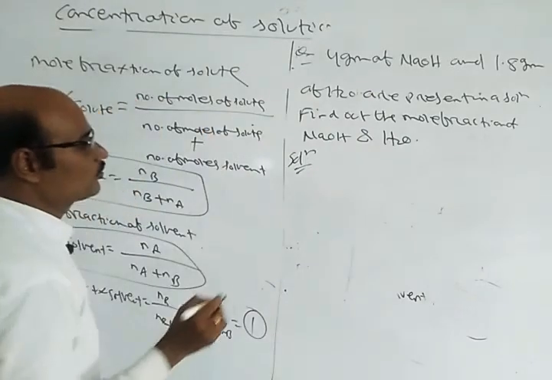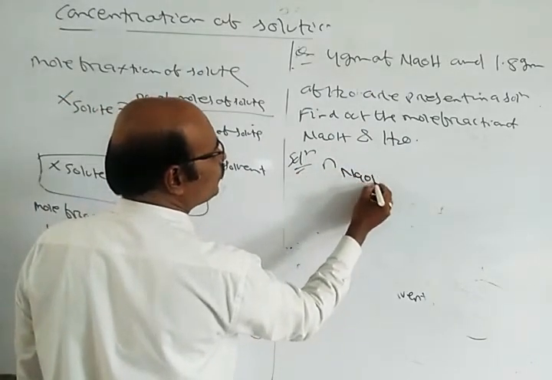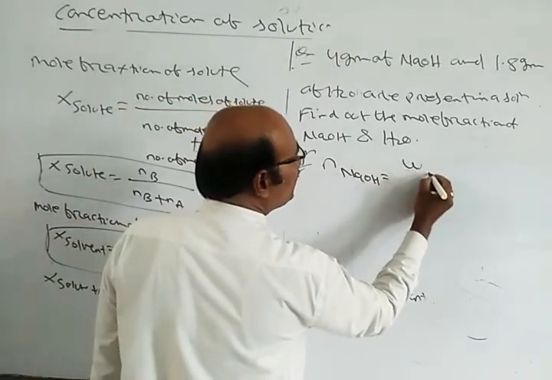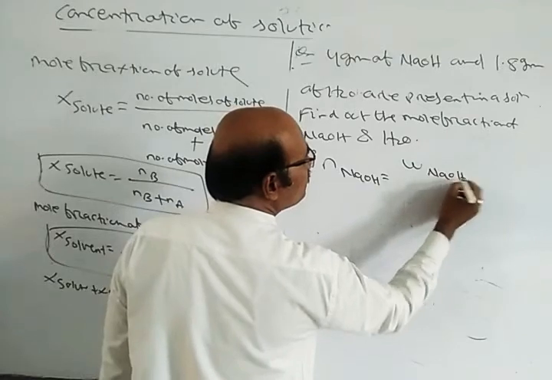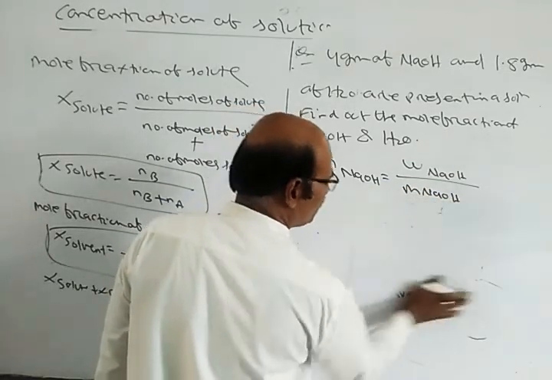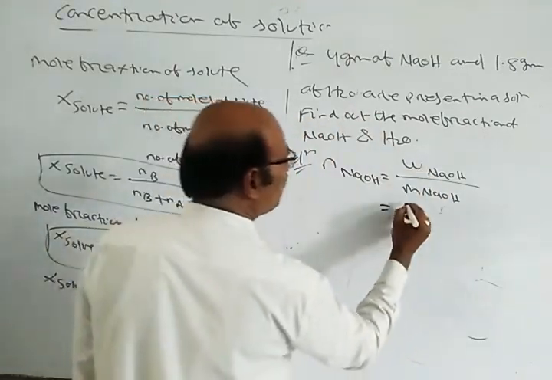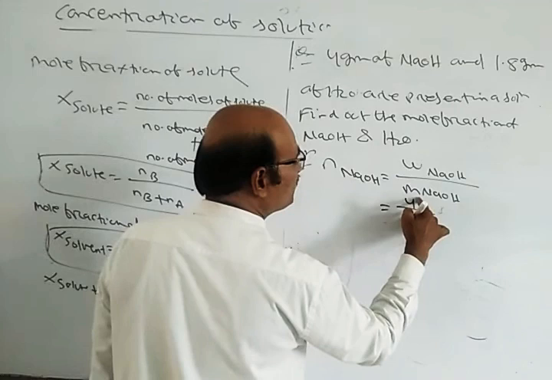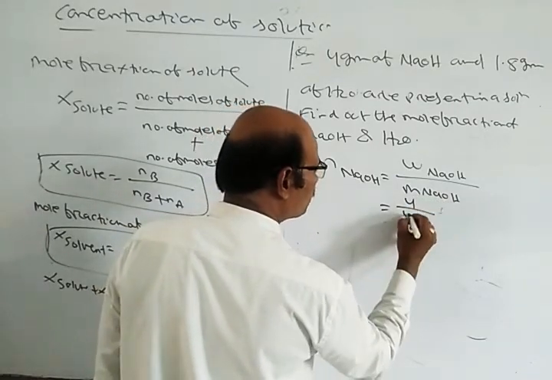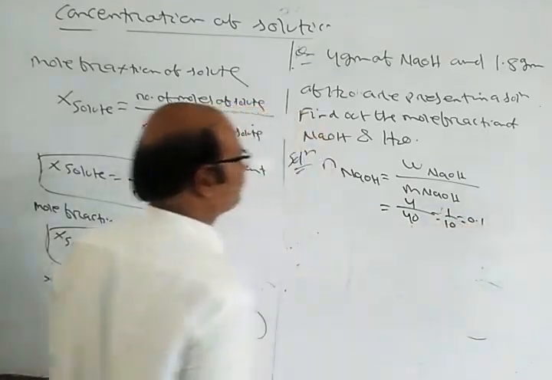See, first of all, number of moles of NaOH is equal to weight of NaOH divided by molecular mass of NaOH. Weight of NaOH is 4 gram, divided by molecular mass of NaOH, 23 plus 16 plus 1, which is 40. That equals 1 by 10, that is 0.1.